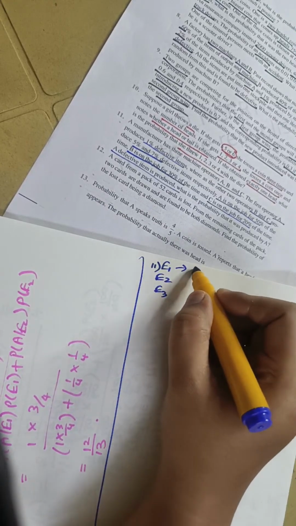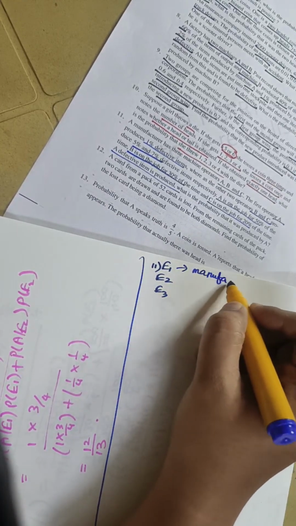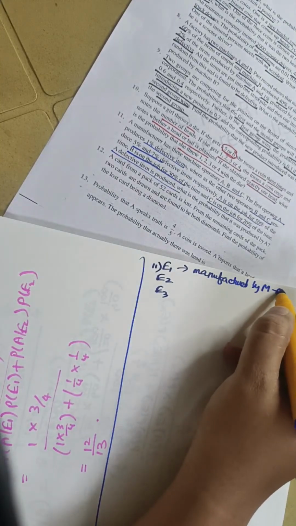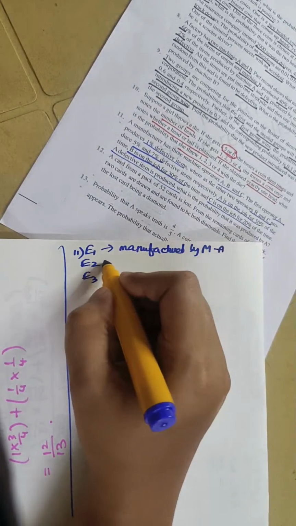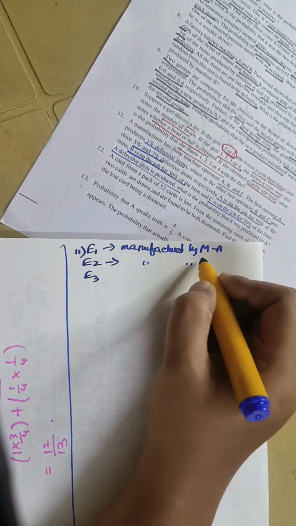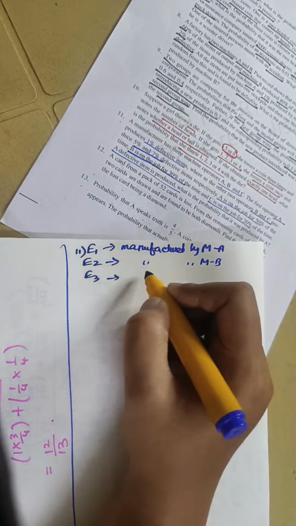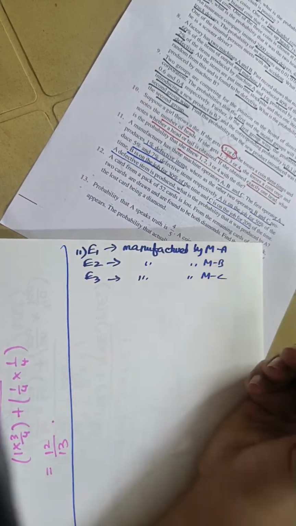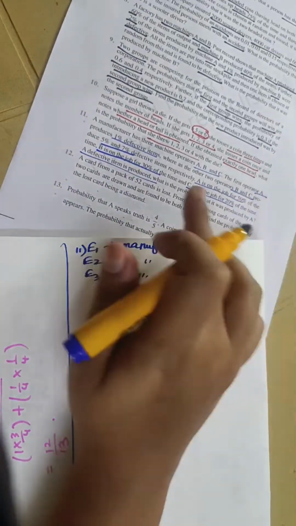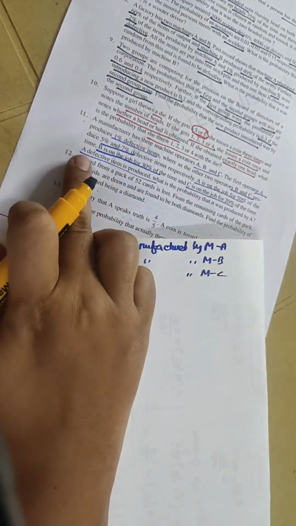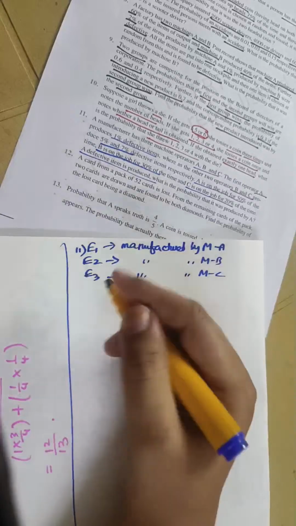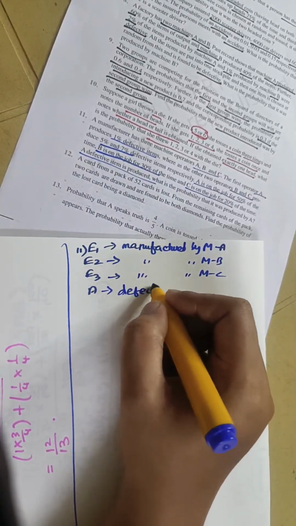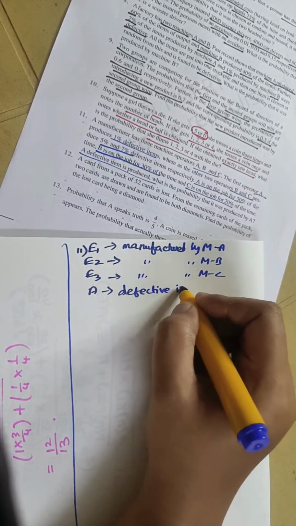So, E1 be the event manufactured by machine A, E2 be the event that manufactured by machine B, E3 be the event that it is manufactured by machine C. Since a defective item is produced, so A will be the event that the item is defective.